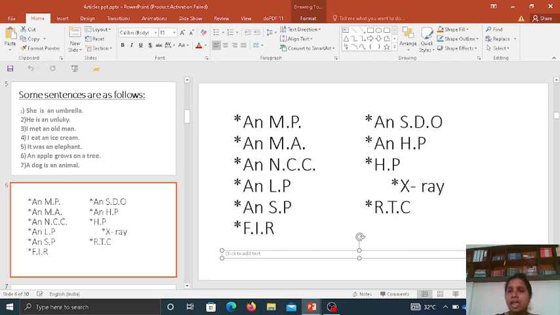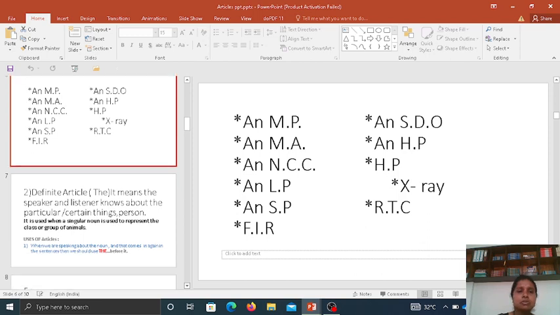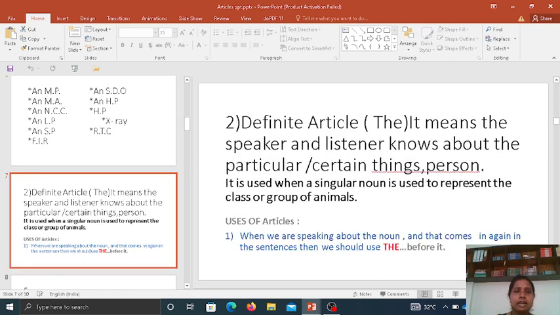Then an HP, then an X-ray, then an RTC. So in the English language or in competitive examinations, when questions come, you should check whether a vowel sound comes or not. Then we have to write an at the proper place of the article.